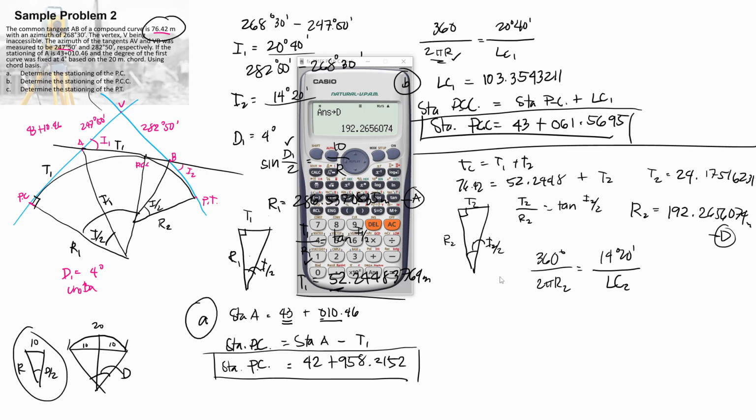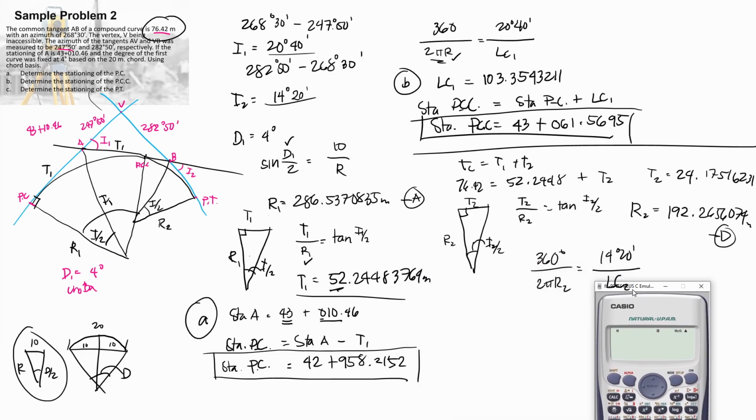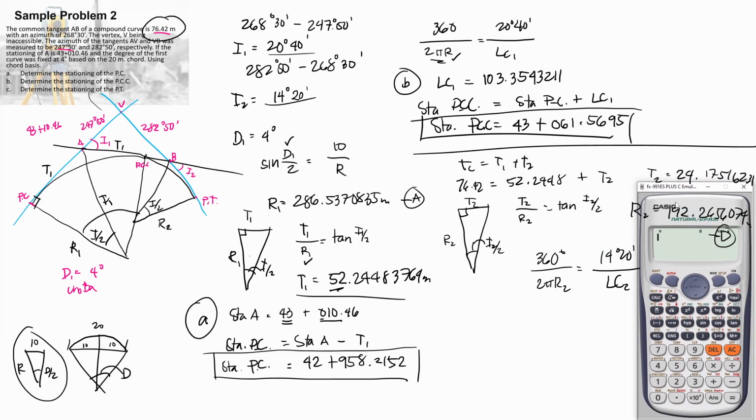So, we have 14 degrees, 20 minutes, multiplied by 2 pi r, yung radius 2, store kay D, divided by, cross multiply, 360.